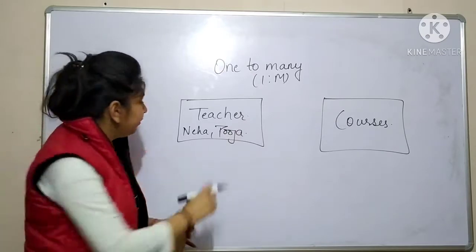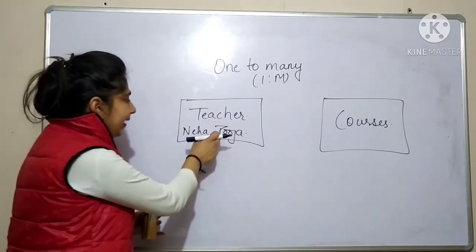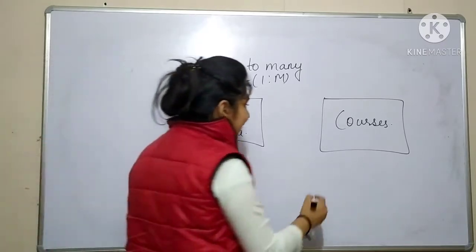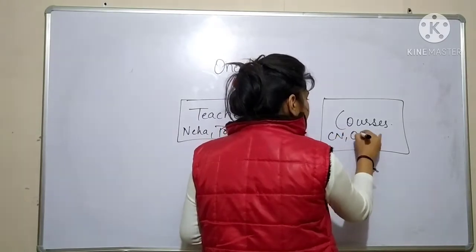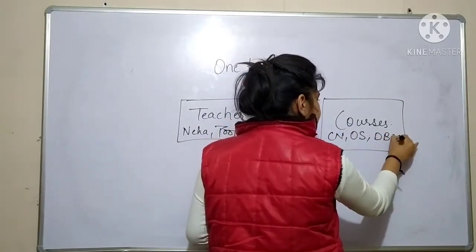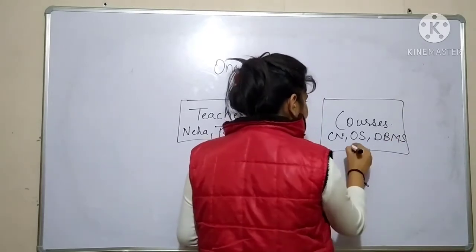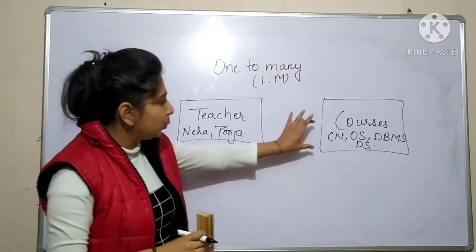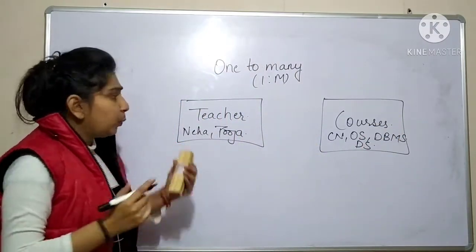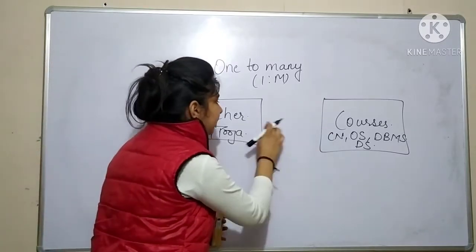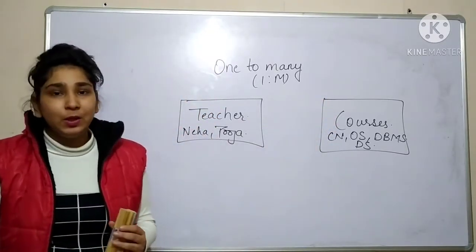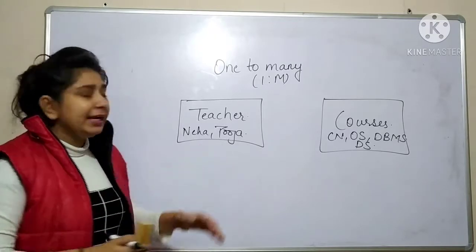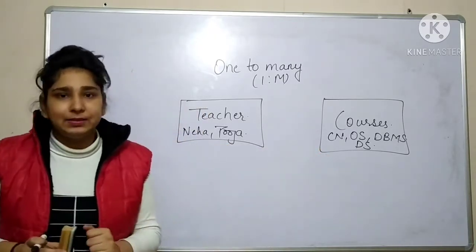I am assuming two teachers. And I have several courses like computer networking, operating system, DBMS, and data structure. These 4 courses we are having. So we want to make a relationship between these two entities, and we have to determine what kind of relationship we need to make.